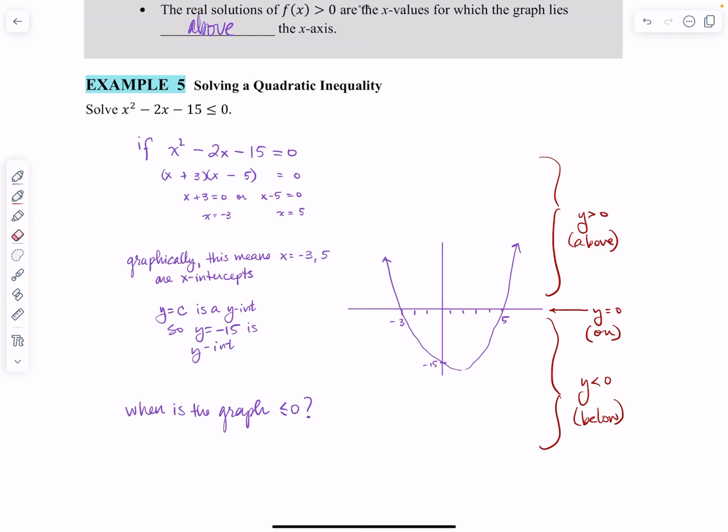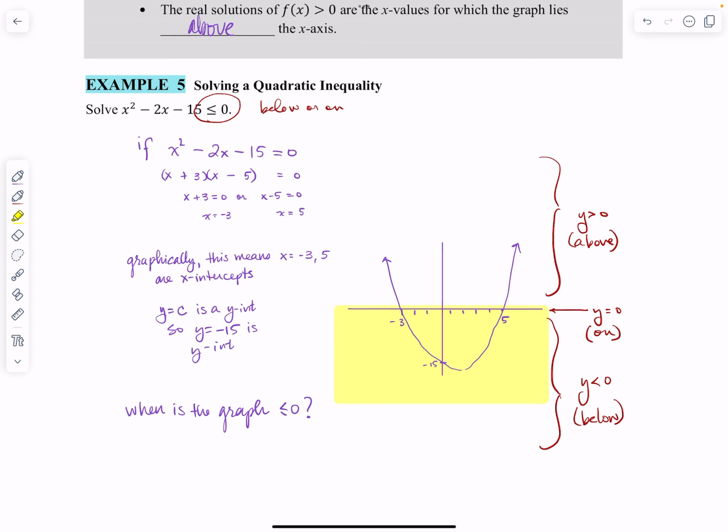And down below, this is where my graph is less than 0. What we're being asked for is everything that is below or on. So I want anything that is either on my x-axis or below my x-axis. So all of this in here is what I want.